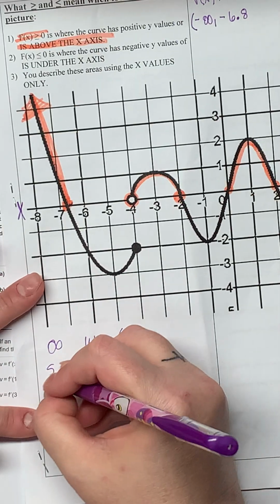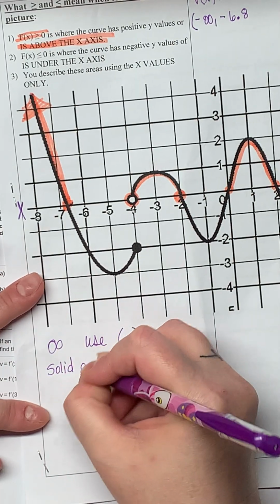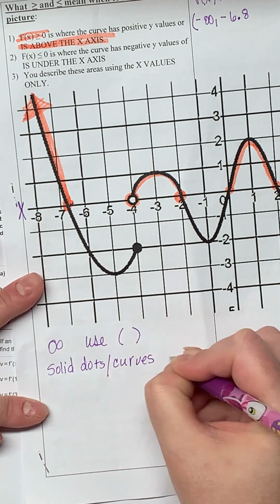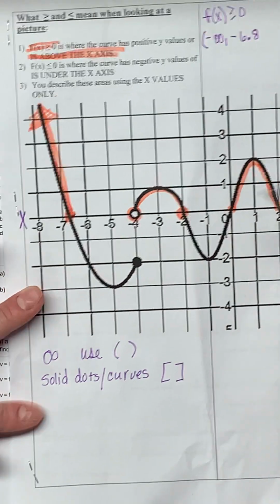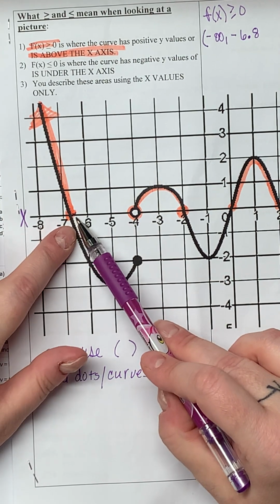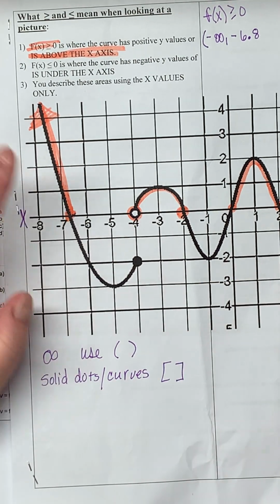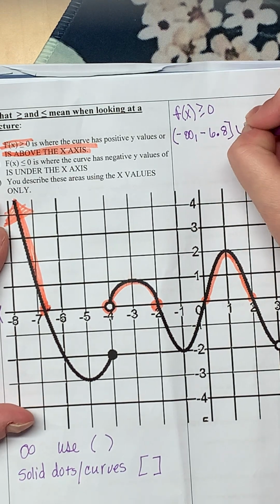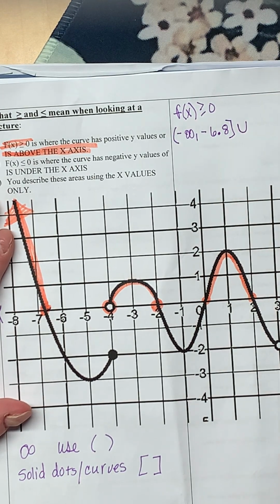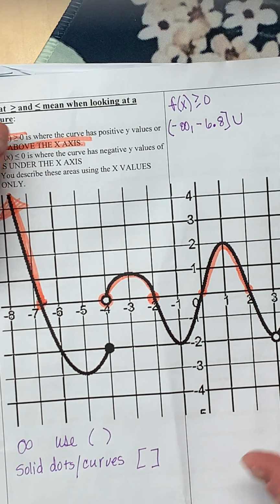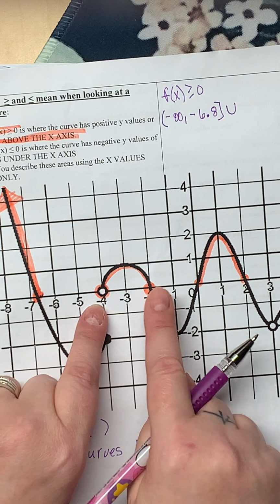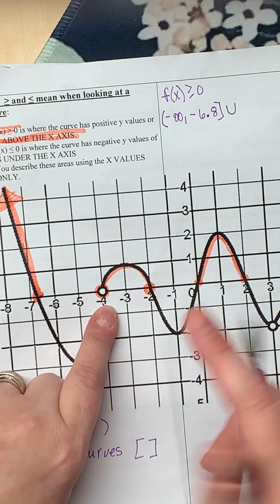And then solid dots or curves use brackets. So when I stopped right here at this negative 6.8, that was a solid curve, so I'm going to use a bracket. Then I'm going to use a U because there was more than one piece that was above the x-axis. Okay, now let's look at this little part right here. From left to right is -4 to -2.